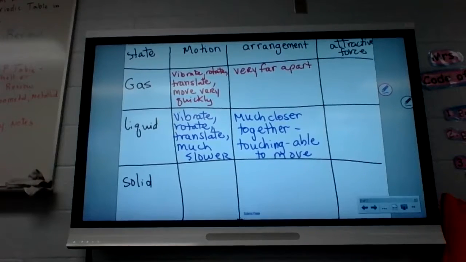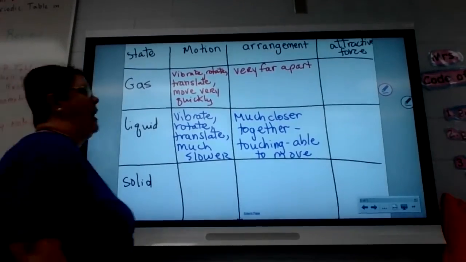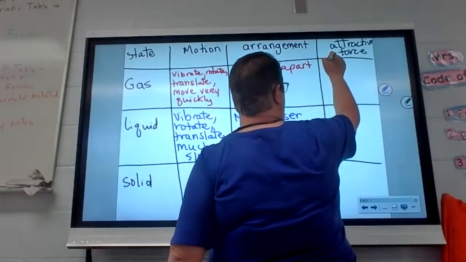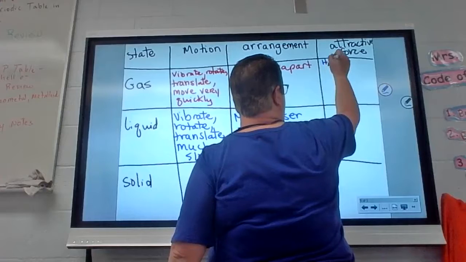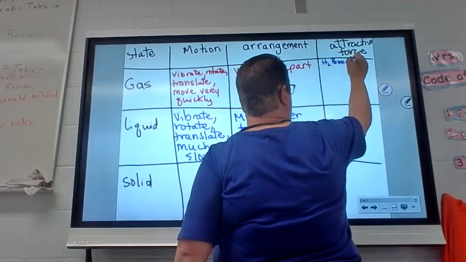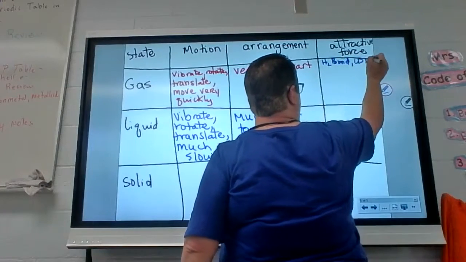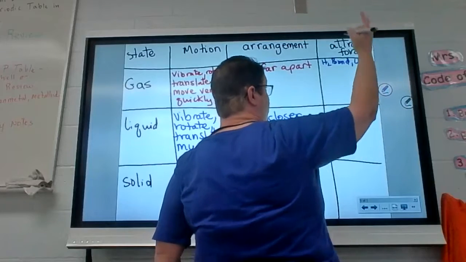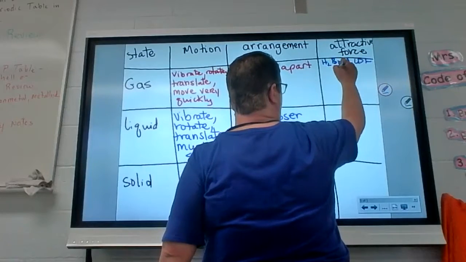London was one. Dipole-dipole. And the water thing, hydrogen bonding. All right. So attractive forces were, and I'm just going to put them up here: hydrogen bonding, LDF, and dipole-dipole. You can write them wherever they fit. I just put them up there.